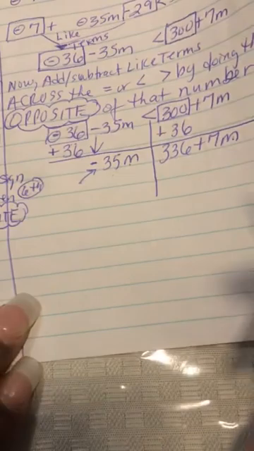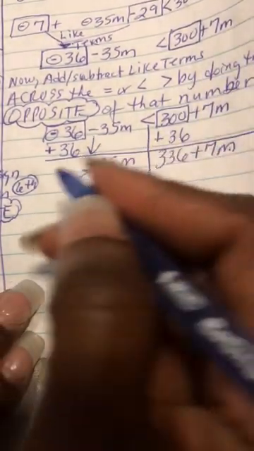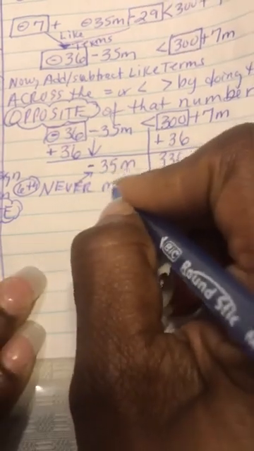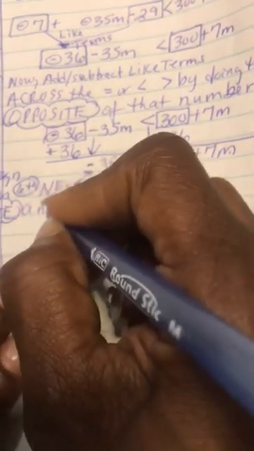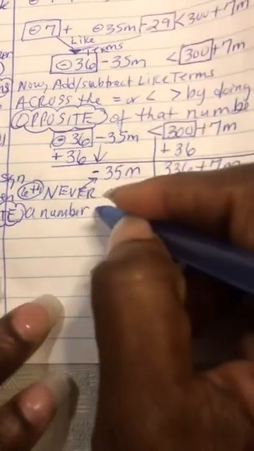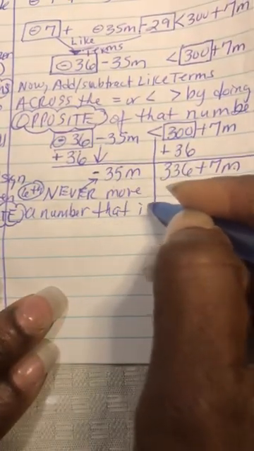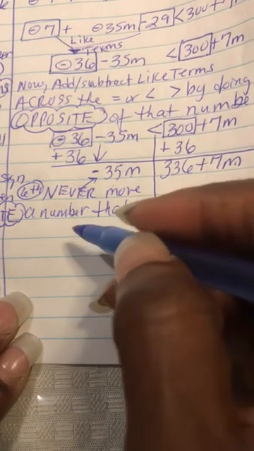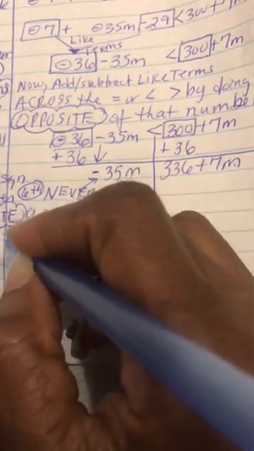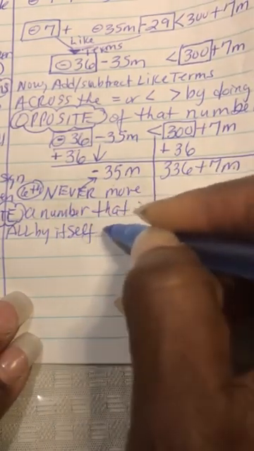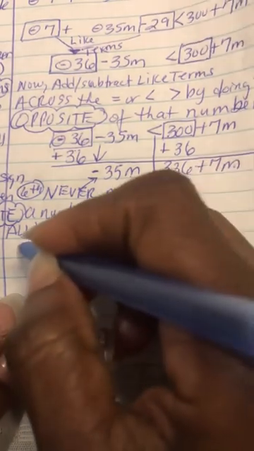The 6th step is to never move a number that is all by itself on one side.